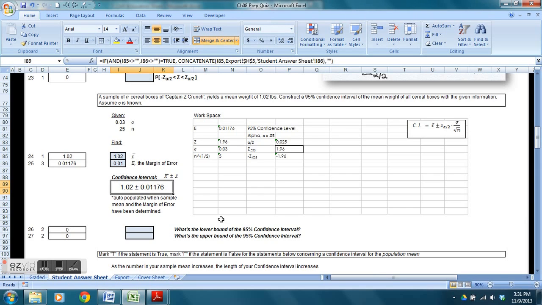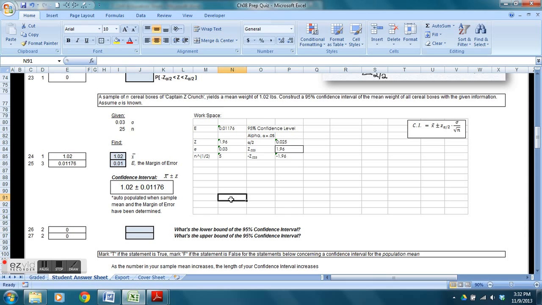So next question, what is the lower bound of the 95% confidence interval? Well, here's our confidence interval. It's 1.02 plus or minus 0.01176. The lower bound of that is 1.02 minus 0.01176, and the upper bound is 1.02 plus 0.01176.